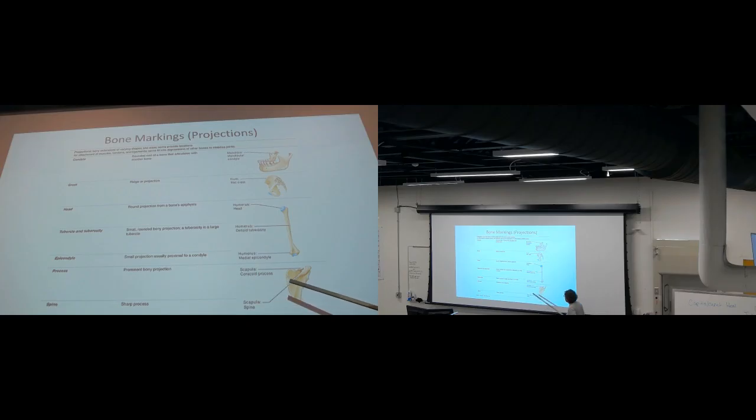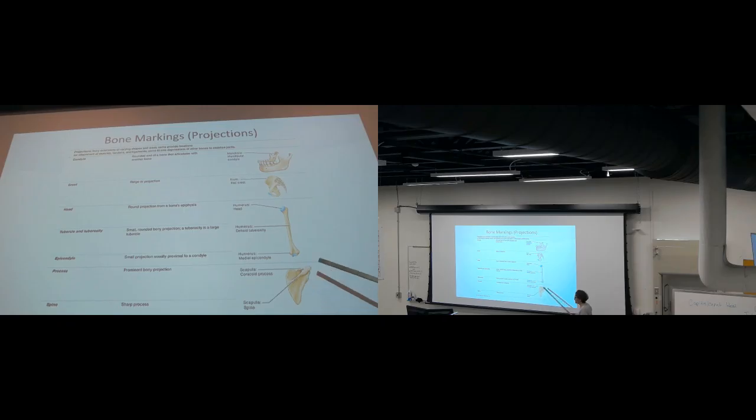And now processes are prominent bony projections, like for instance here, in this bone, the upper back bone, which is called the scapula, we have a process that is called the coracoid process. And then spine is a sharp process.